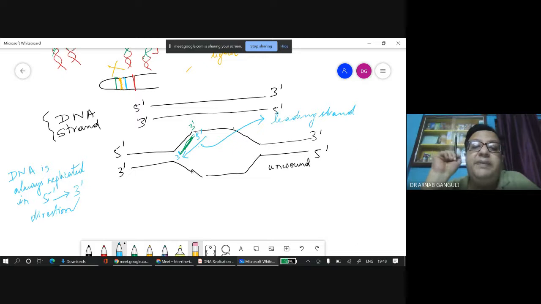It cannot replicate in the 3 prime to 5 prime direction. On this side there is no problem, this is unwinding, this is keeping on unwinding, and this is keeping on adding over here.